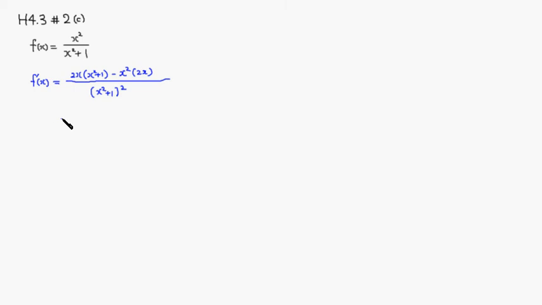Now try to simplify that. Multiply out, you have 2x cubed plus 2x minus 2x cubed.